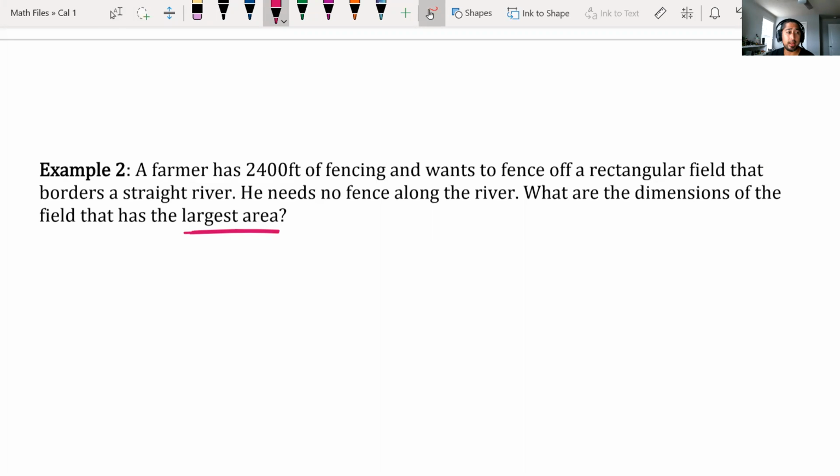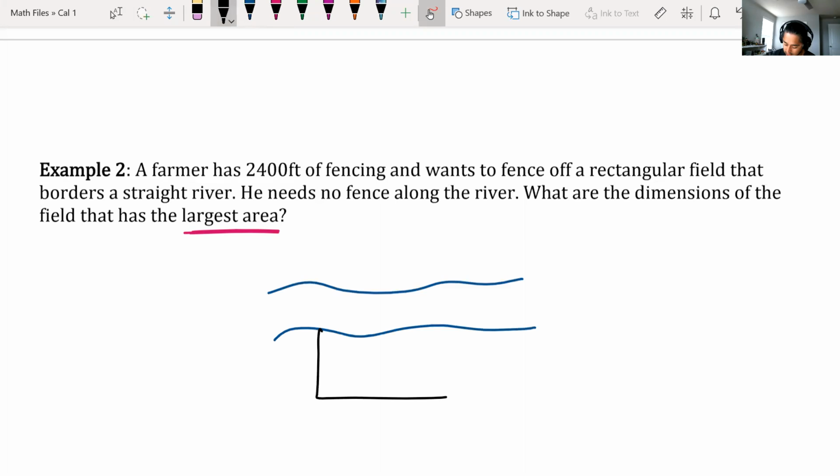So let's go ahead and draw our diagram again. And we're putting our fence along the river where we need no fence along the river. Okay. Here's my river, and here's my fence. Let's go ahead and label the width y again and the length x.